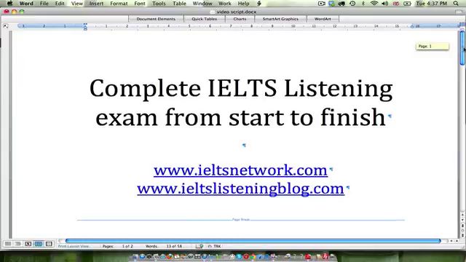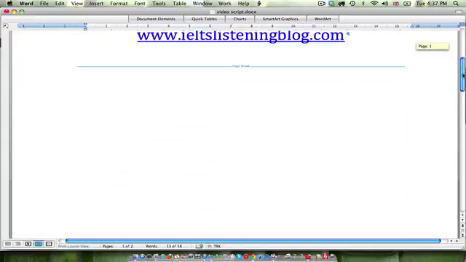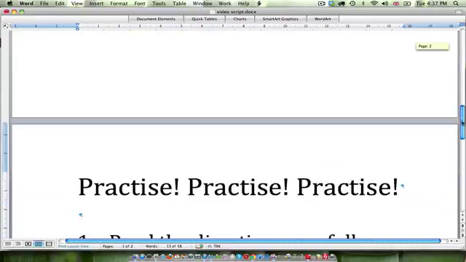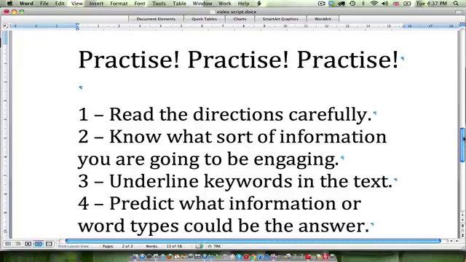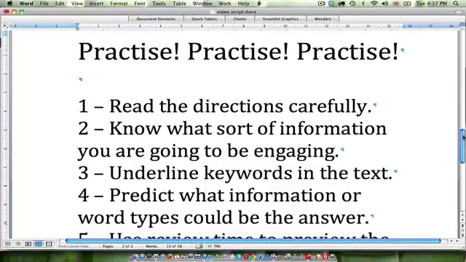Before we get to the test itself, I want to go over briefly a few strategies that I hope you can put into use during this exercise. The first thing I would like to say about the listening test is that to prepare properly, you will need to engage as many practice tests as you can.